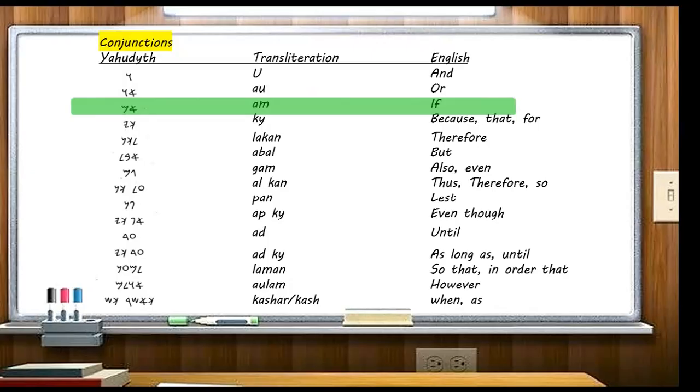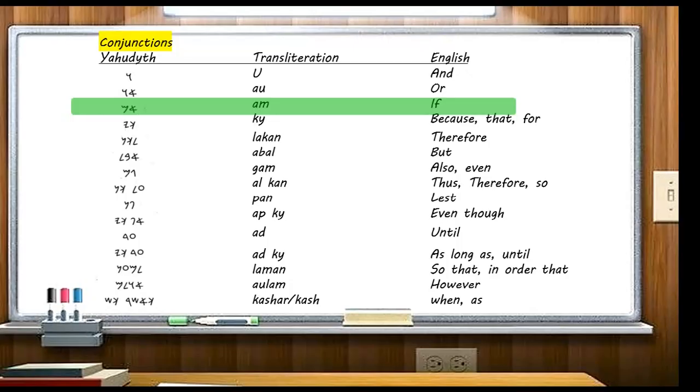And remember, I did say do not confuse it with ayin mam, which we looked at earlier. So this one is alaf mam. And if you remember or recall, ayin mam, what does that mean? If you look back at your notes, you should see with. So ayin mam is with, but alaf mam is if.